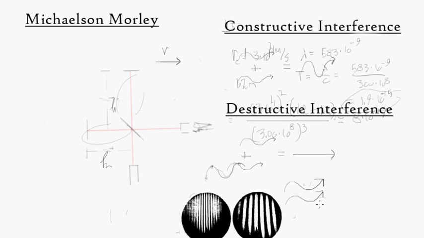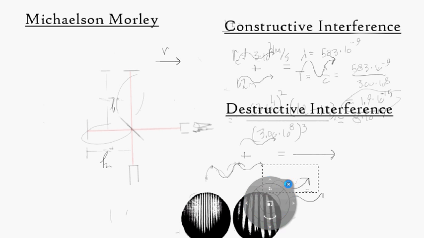Now you rotate the machine, and it says you should get a shift. One of these particles should now be lagging behind the other particle. There should be a slight shift because this one took a little bit longer to get there. I'm going to exaggerate that. So in this case, if it shifted an entire half wavelength, this light spot would be a dark spot.